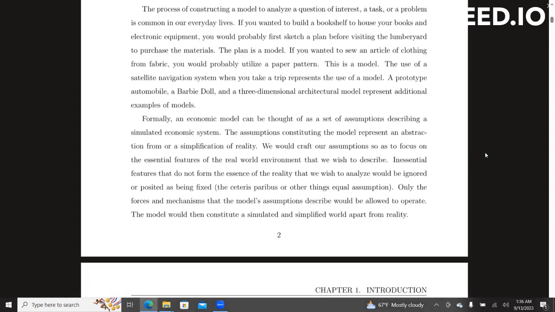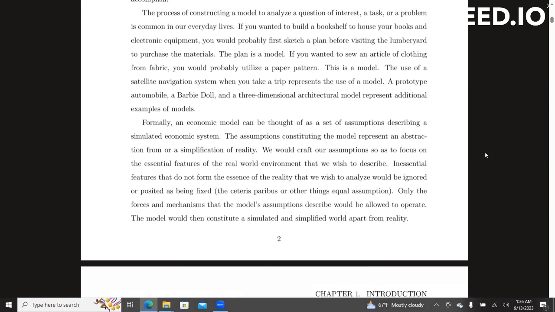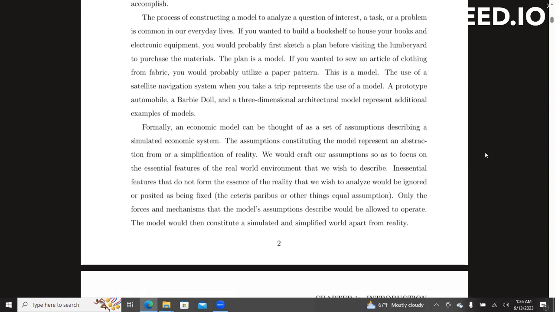The process of constructing a model to analyze a question of interest, a task, or a problem is common in our everyday lives. This is kind of giving a basic example, and it explains the scientific method. If you wanted to build a bookshelf to house your books and electronic equipment, you would probably first sketch a plan before visiting the lumber yard to purchase the materials.